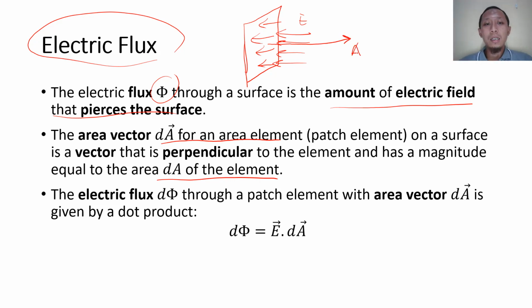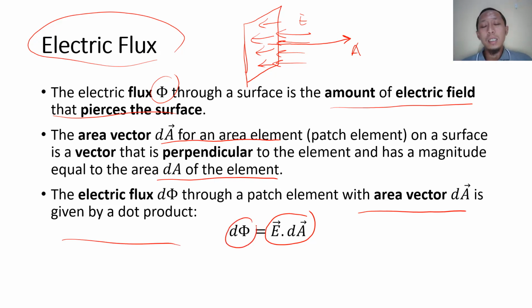So the electric flux is the E, or the electric field, multiplied by the dA. dA is the surface, the vector of surface. So the electric flux through a patch element with the area vector dA is given by a dot product. So this is the electric flux.